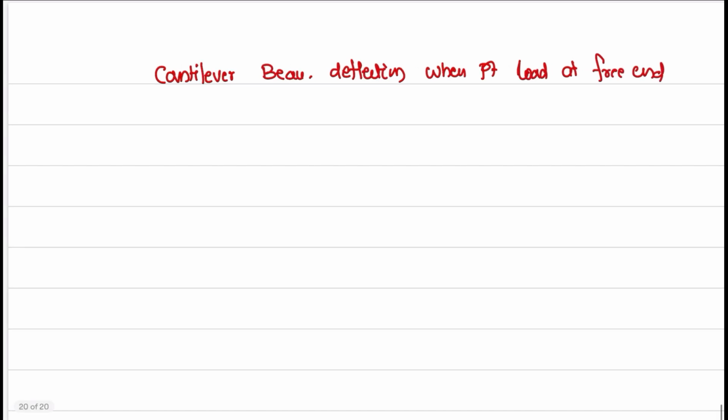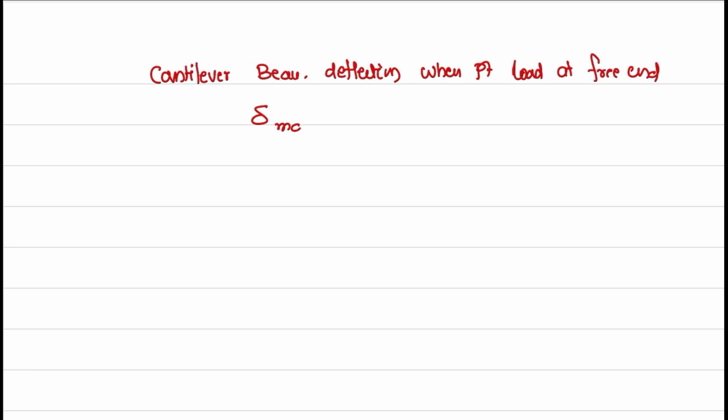Cantilever beam deflection when point load at free end, that is equal to delta max is equal to PL cube by 3 EI, which we have derived in the previous class.